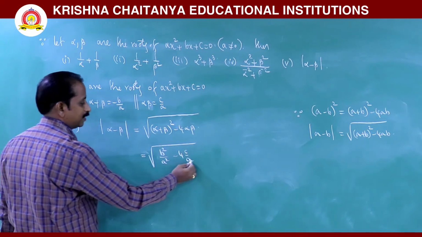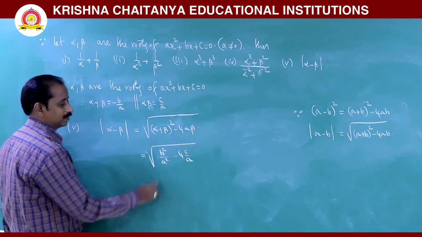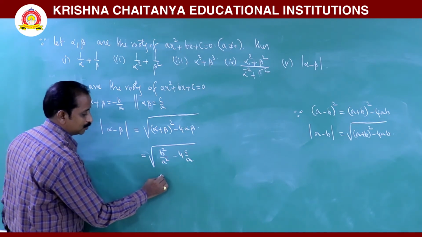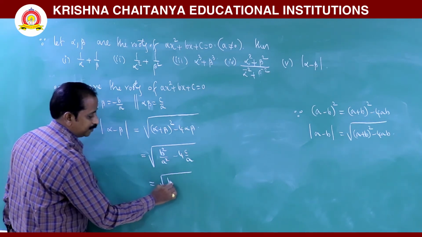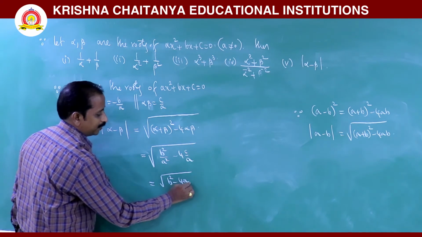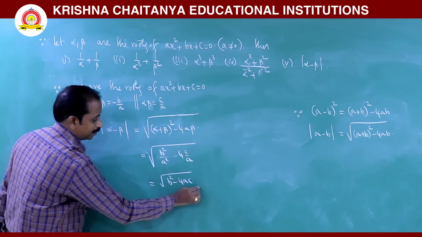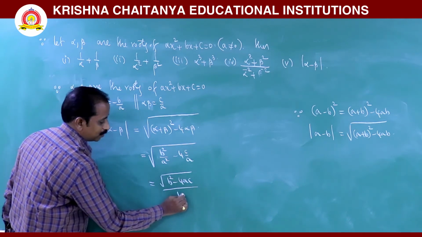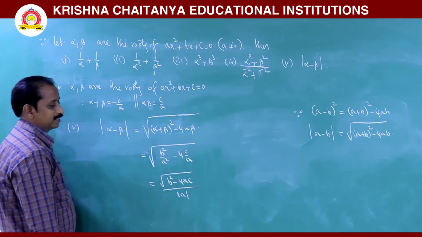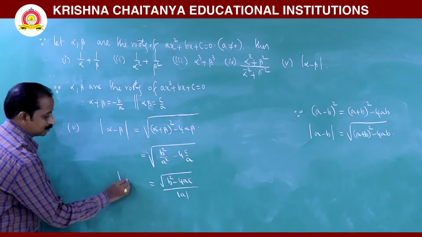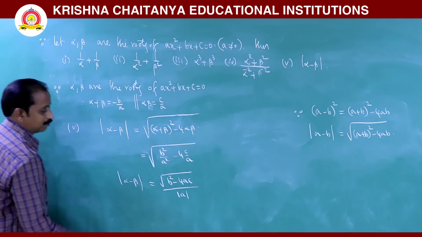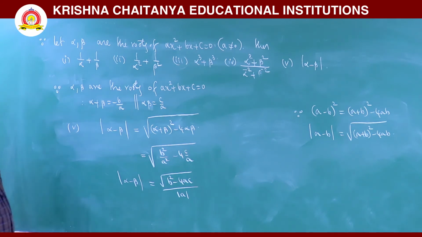LCM of a square and a is a square. After LCM it becomes square root of b square minus 4ac divided by root a square. I can write root a square as modulus a. So, this is the basic of modulus of alpha minus beta.